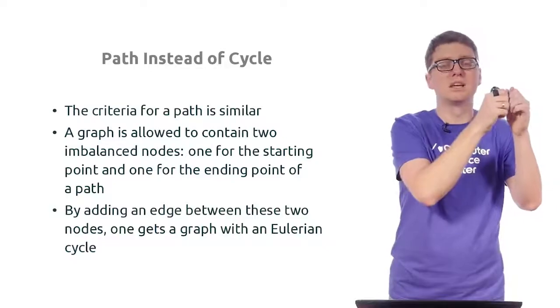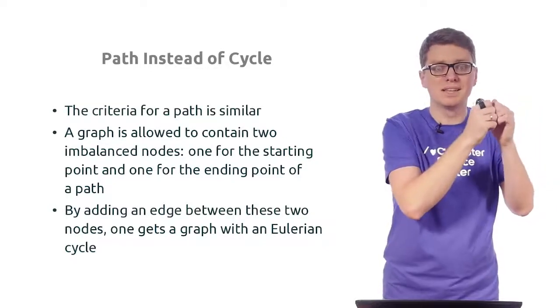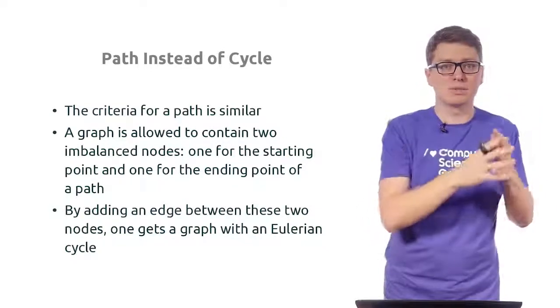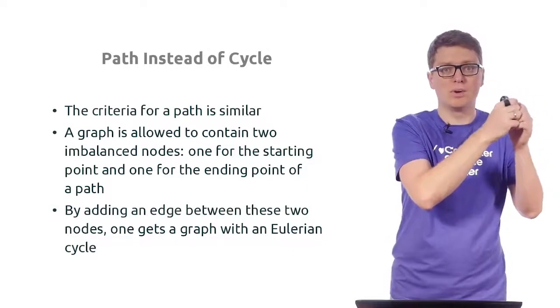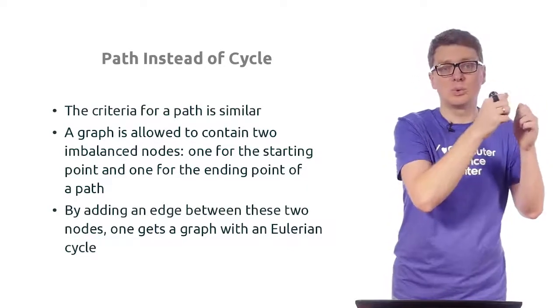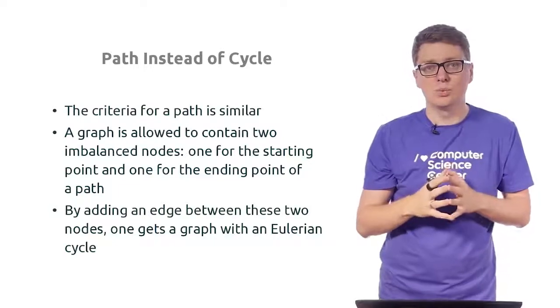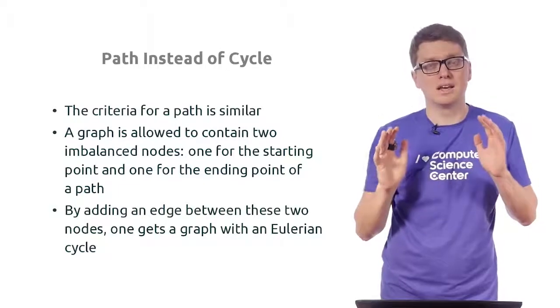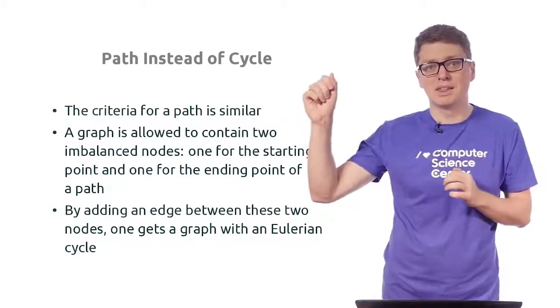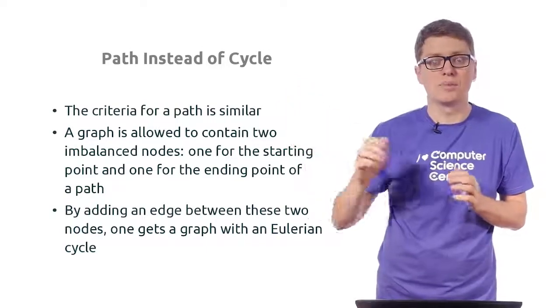Probably we visit this node once more again, but this basically means that for the starting vertex of our path, its out degree is one more than its in degree, and the same is true for the end of this path, right?